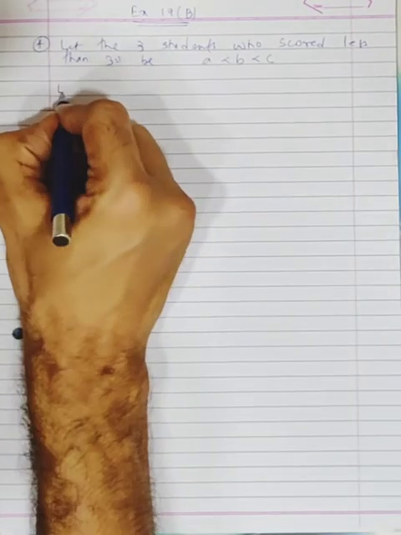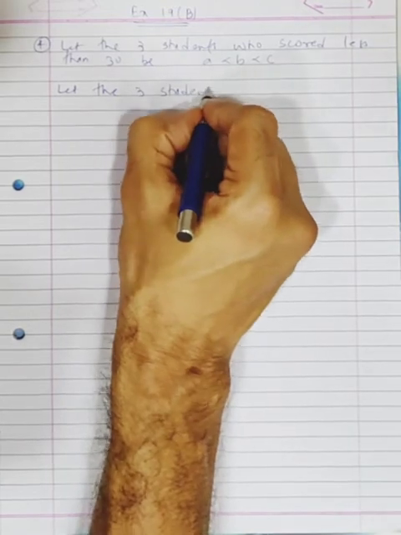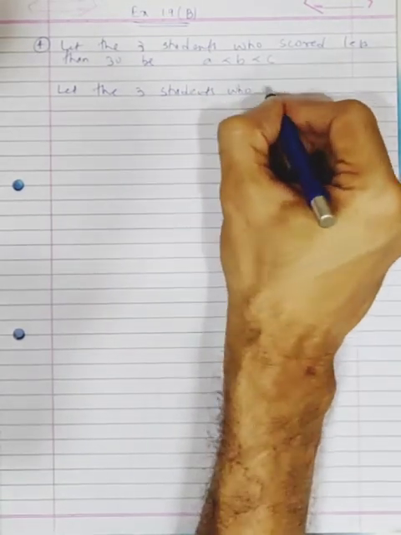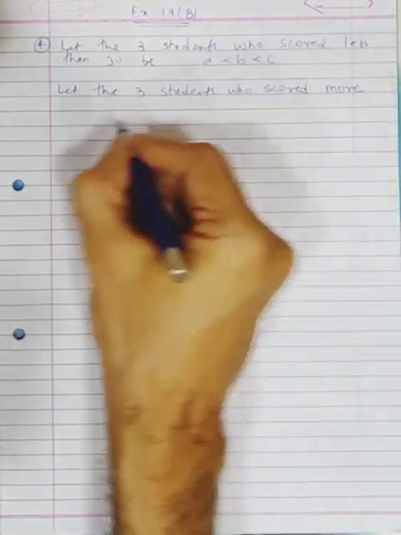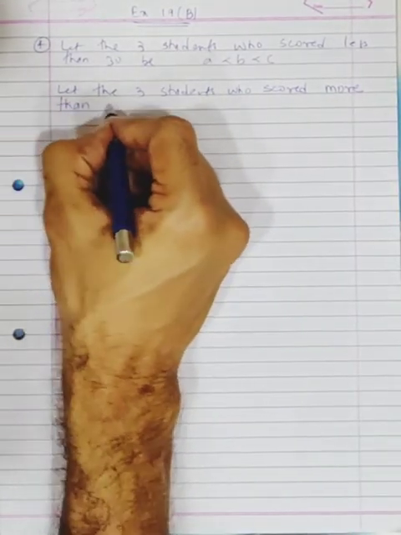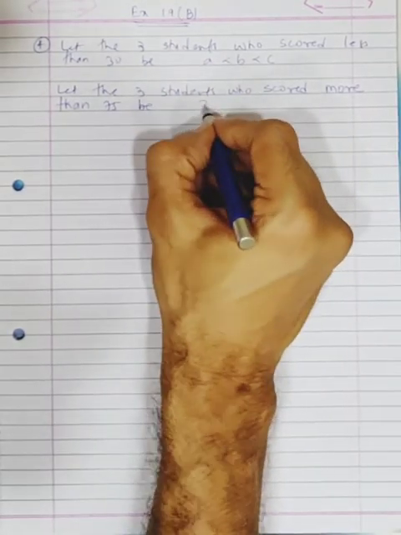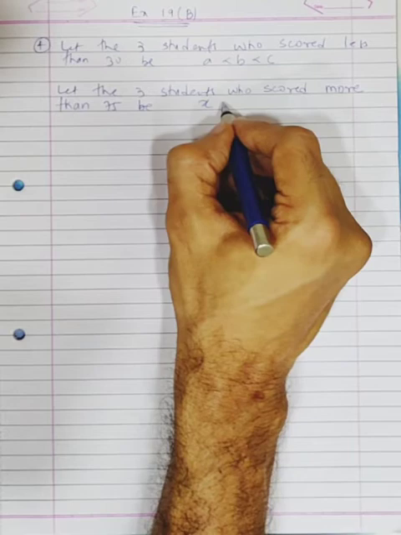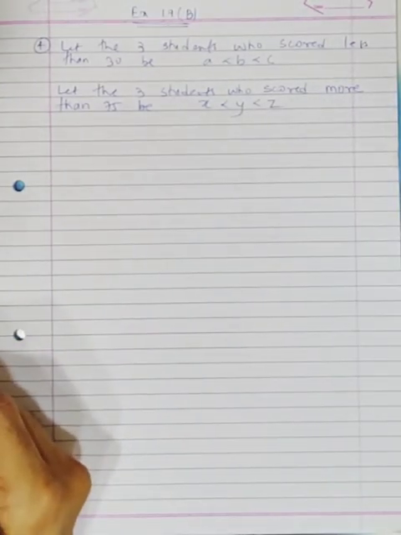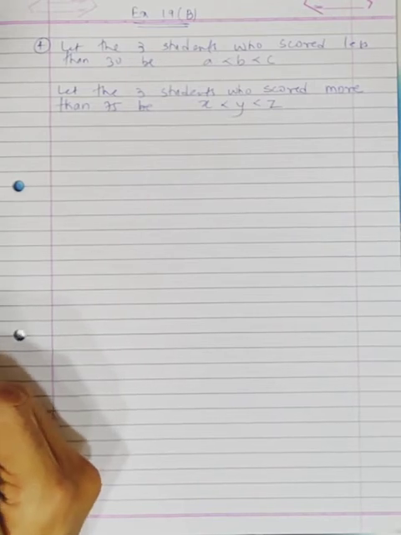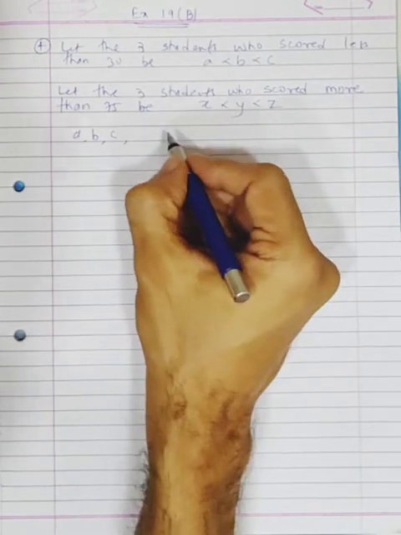Then let the 3 students who scored more than 75 be X, then Y, and then Z. So now what are our numbers now? In what order will you write the numbers? So you have A, comma B, comma C, comma.